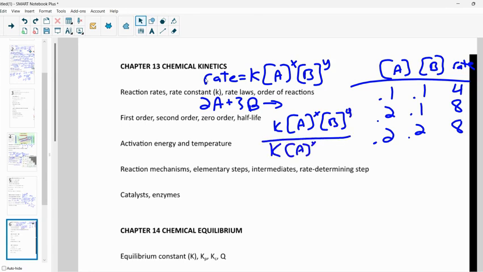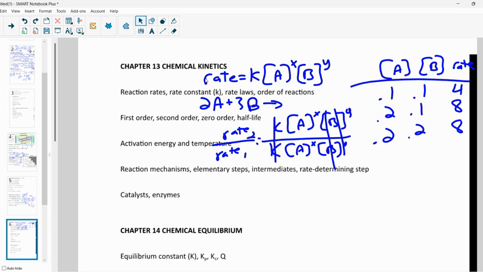Remember doing this kind of thing? We usually didn't show it all out. I'm going to do rate 2 over rate 1. So if I had something like this, I could plug numbers in. B stays constant. That drops out. K stays constant. That drops out.